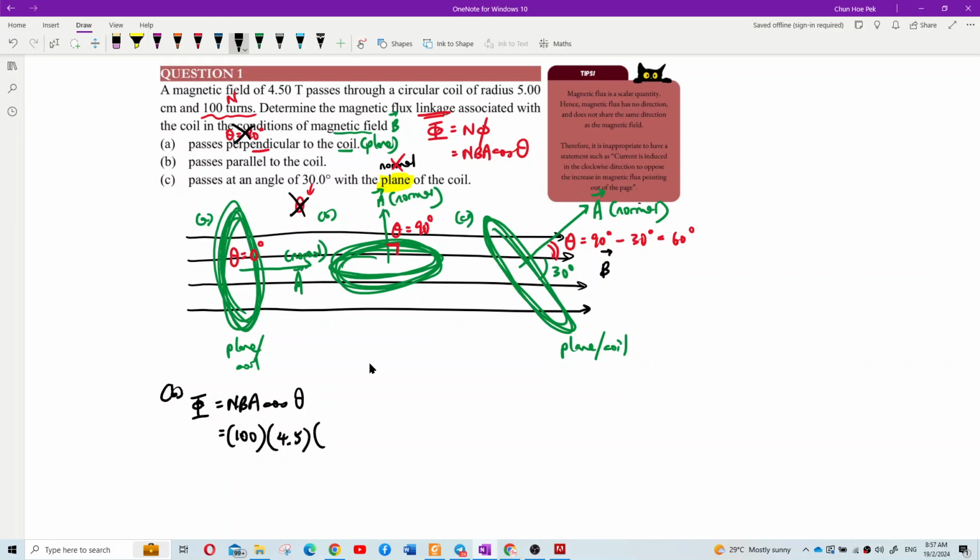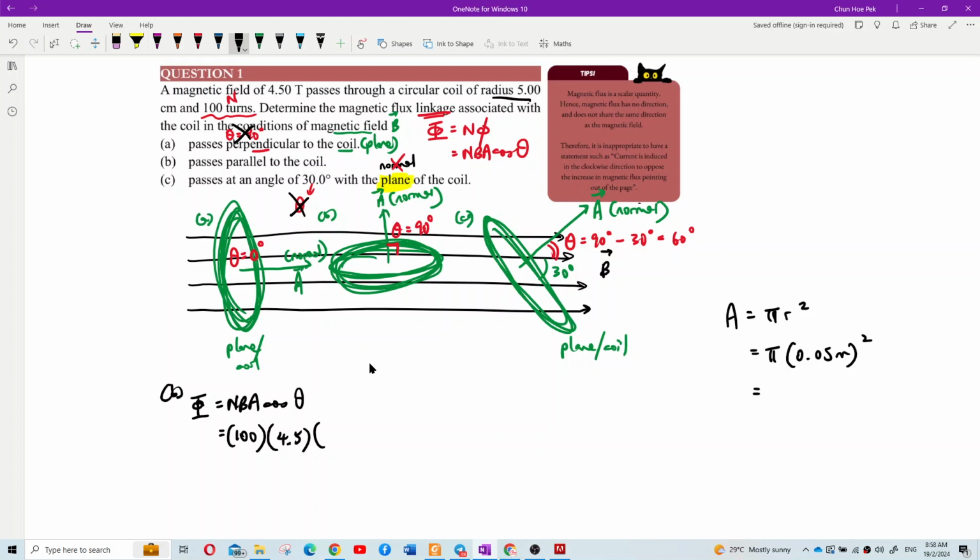For the area, they give you the radius, so it is pi r square. Let's find the area first. Pi times 5 cm, you need to change to SI unit, 0.05 meter.